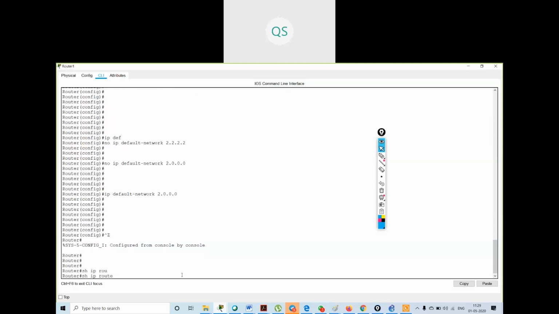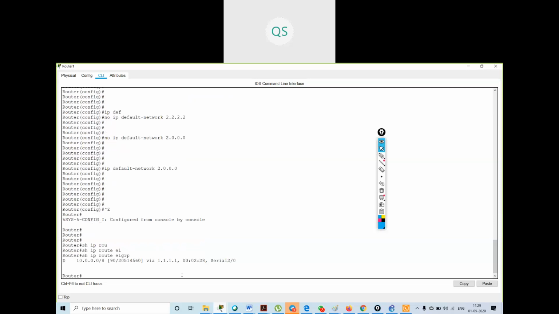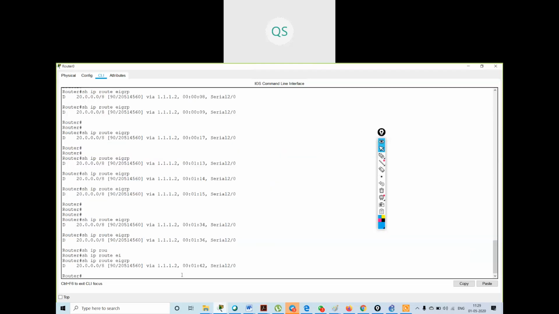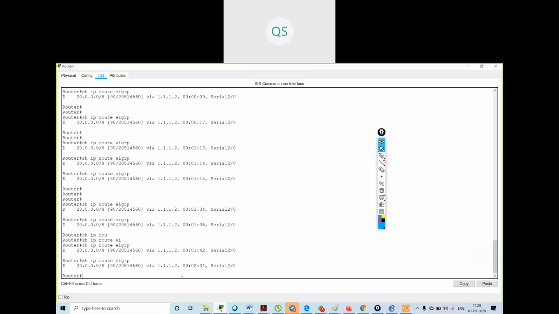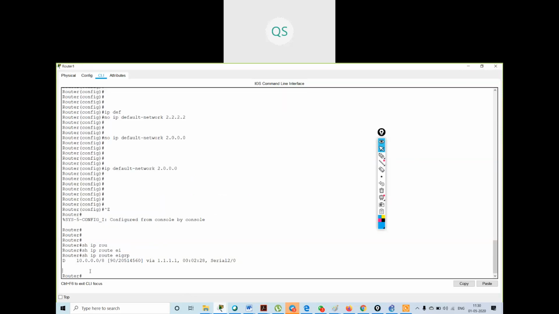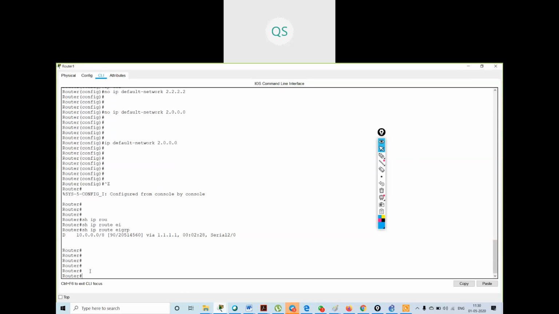So IP route EIGRP should give me the output over here. What can be the command now? This is the only command. No issues, I will check what the issue is. Why is it not giving the output?